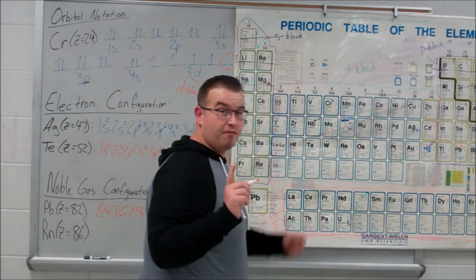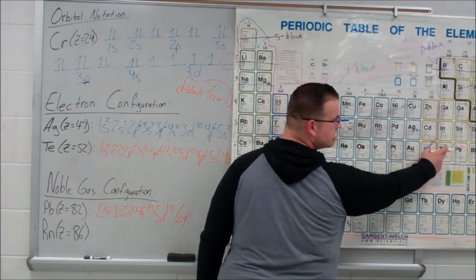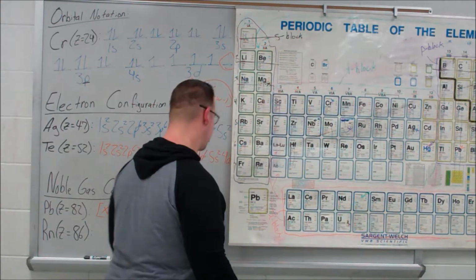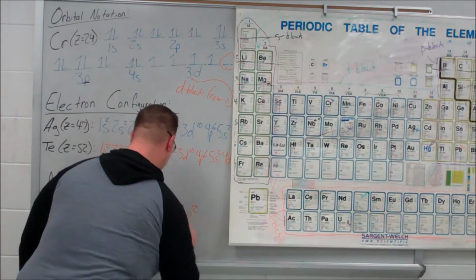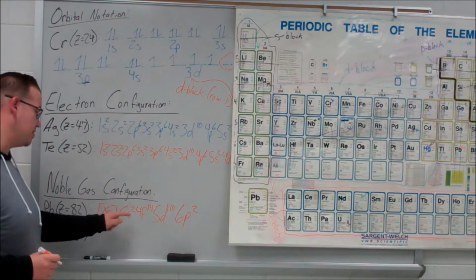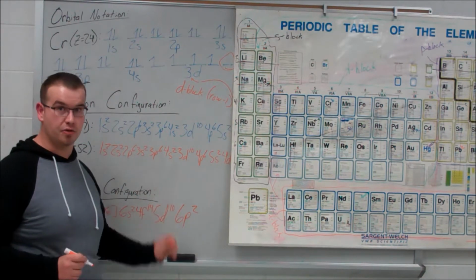And I look how far in I am on that 6p in the p block. So I start with thallium. So 1, 2. I'm 2 in, so it's 6p2. So you get xenon in brackets, 6s2, 4f14, 5d10, 6p2.